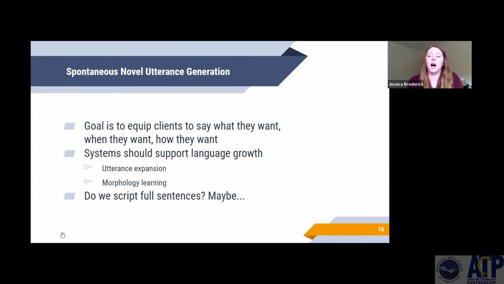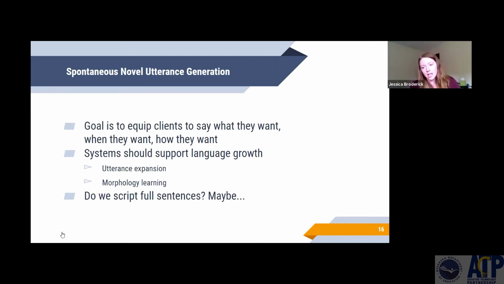And so it's important to offer them a lot of single words like we looked at with the core vocabulary, because that supports language growth. It helps us when we get to the point where we want them to go from using 2 to 3 words, from 3 to 4 words, expand their utterances, and it helps them learn more morphology when we get there.